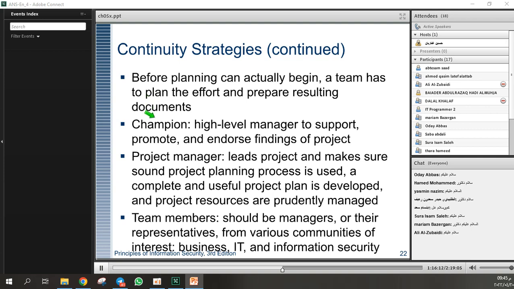These are high-level management documents, so the highest level of management in the company must protect and support them. So the project manager must be sure about the whole process.